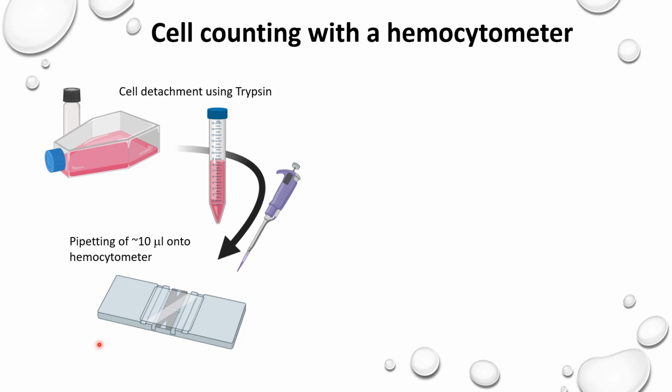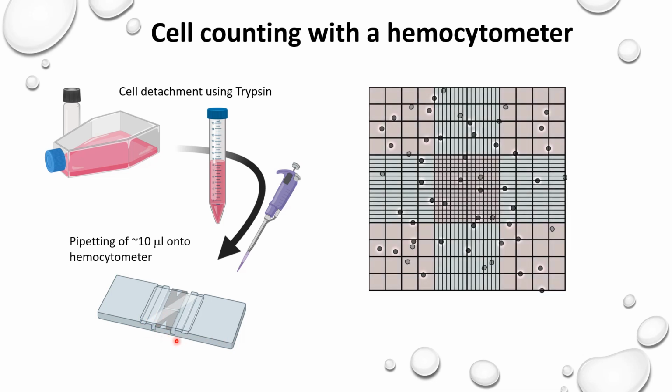There's a space there because the glass cover slip is resting on the side of the hemocytometer, leaving a little gap between the cover slip and the slide.